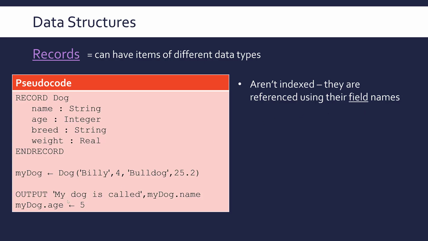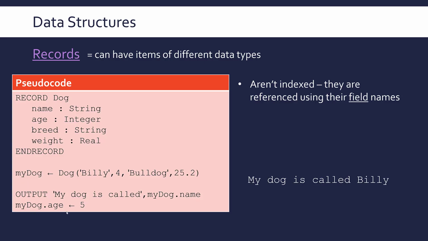So to get, say, the dog name, so I can say my dog is called Billy, I've got to go myDog, which is my record name, dot the field name, which is name. So to get my dog is called Billy, you've got to do the record name dot the field name. Not too dissimilar from SQL, actually.